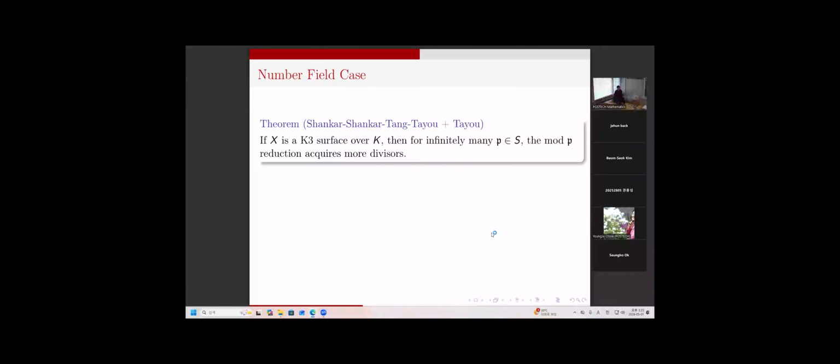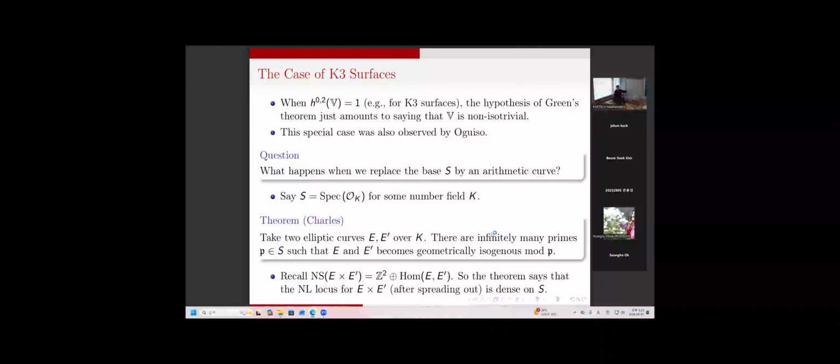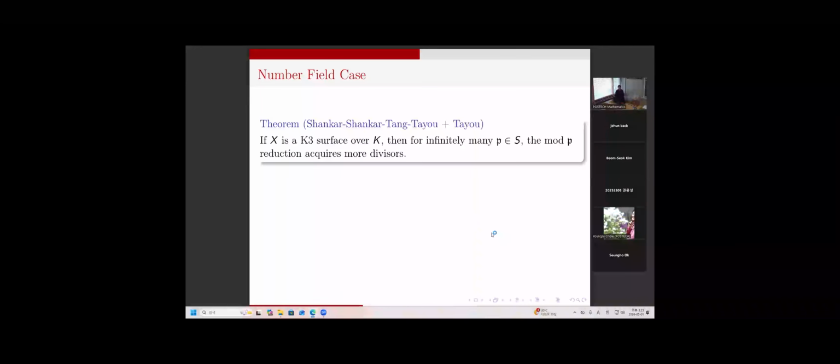And in the previous example, you can also take the Kummer construction of the abelian surface and obtain a K3. So this is also a statement about a particular type of K3 surfaces. And then this can be generalized to all K3s over a number field.